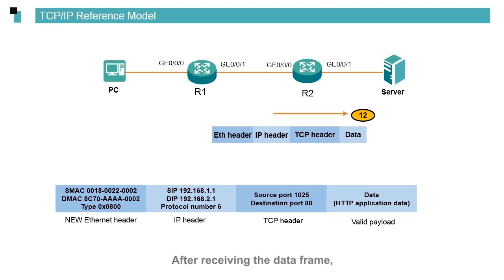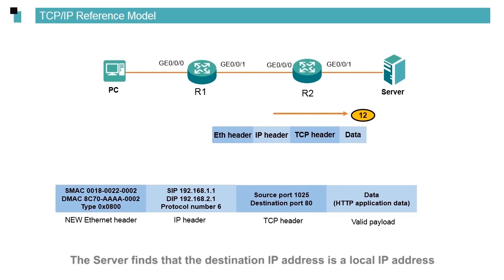After receiving the data frame, the server checks the frame header and finds the destination is its own MAC address. The server removes the frame header and processes the remaining data using the IP protocol stack. The server finds that the destination IP address is a local IP address and removes the IP header.